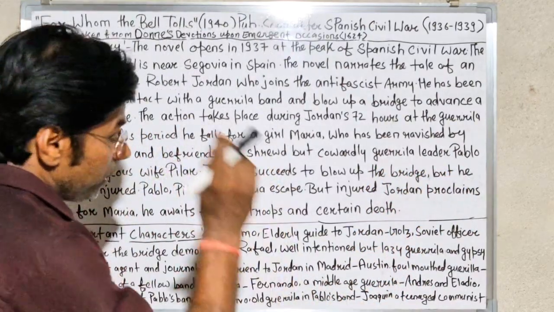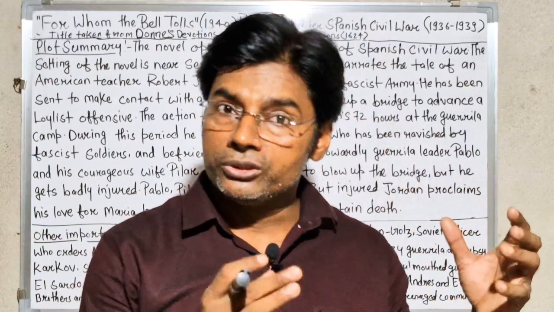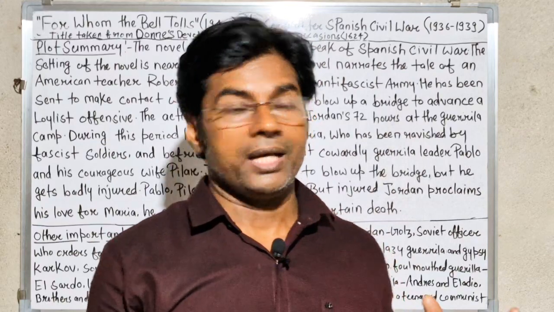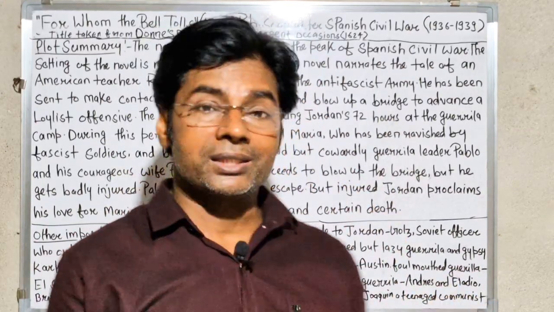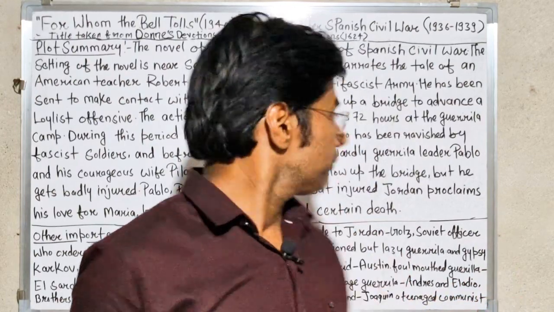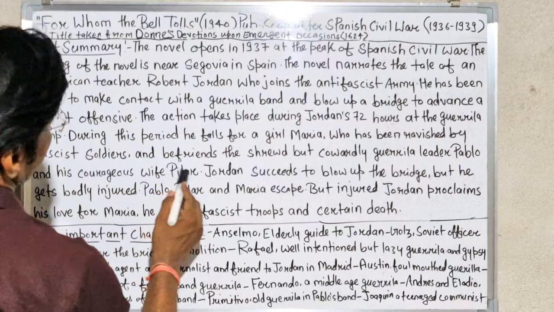Remember this. The guerrilla band Robert Jordan joins has a leader. That is Pablo, who is a coward and shrewd, and his courageous wife Pilar.